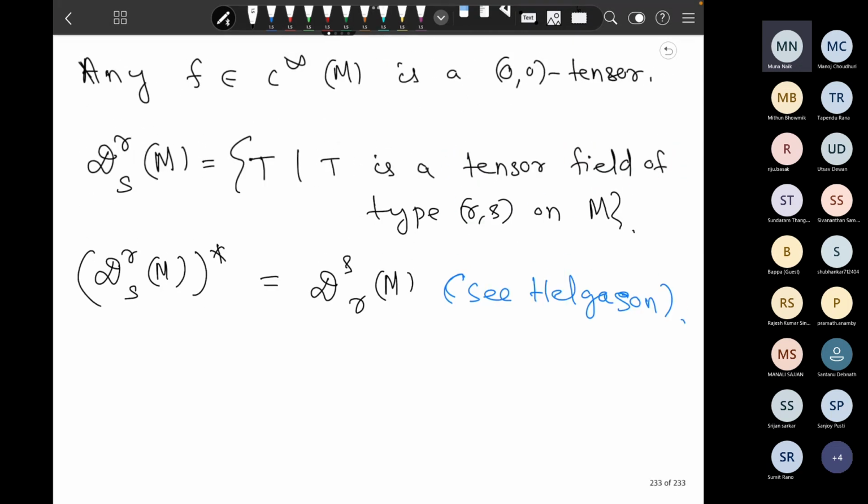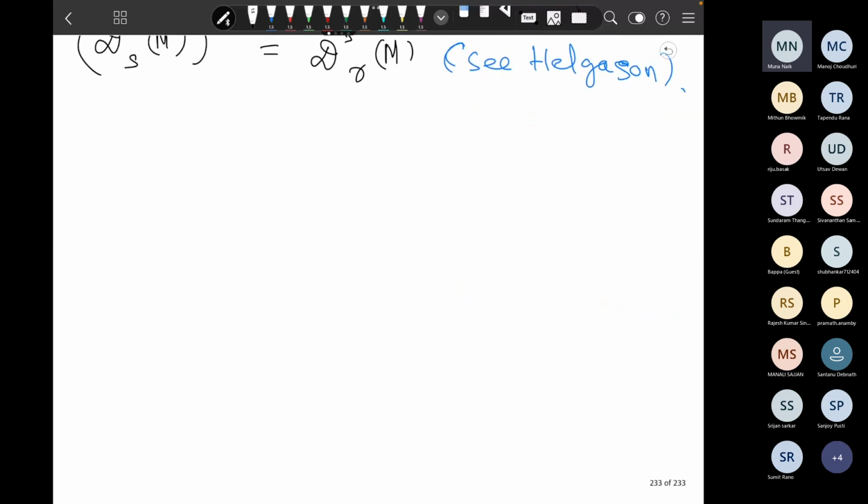Now I want to define the differential of a smooth map.